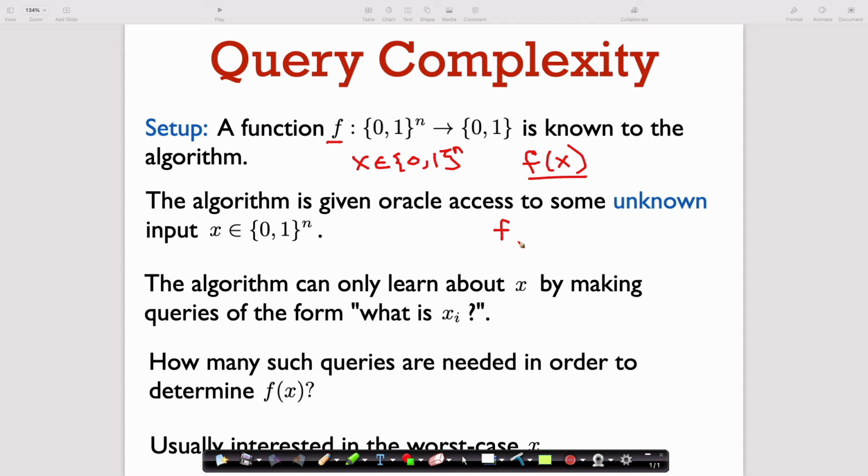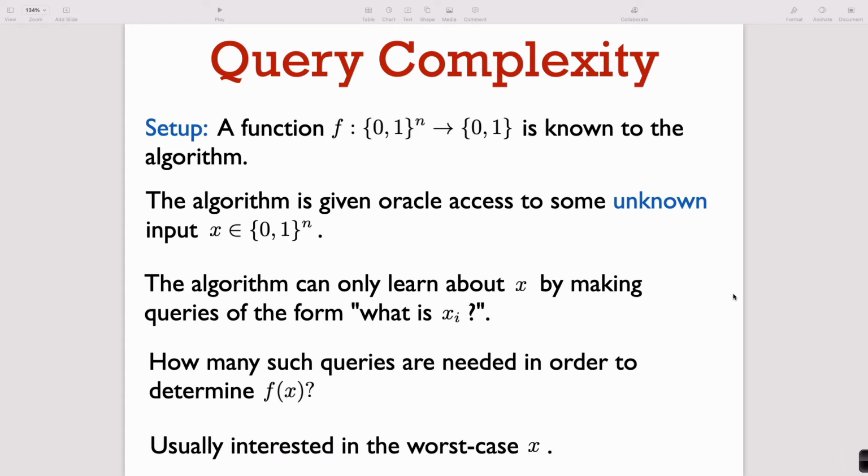Now, when we're talking about query complexity, I'm going to switch notation, and I'm always going to use x for the input. So the input is just an n-bit string, and what we want to compute is determined by this function f, which maps n-bit strings to 0 or 1. On input x, we want to output f of x. So that's a difference with the notation that we had before. I hope that's not confusing.